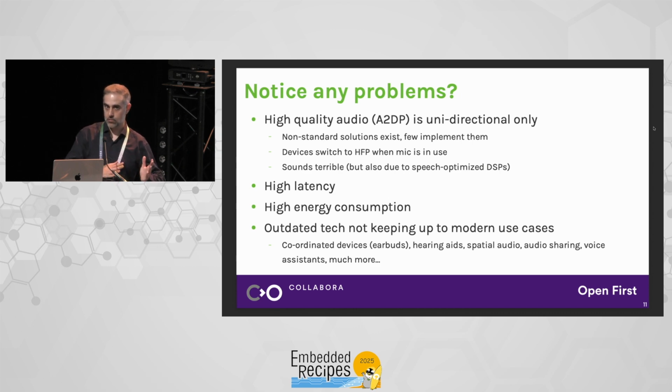One is there is a different codec being used, there is less bandwidth, but also there is the problem that a lot of headsets optimize the audio for speech because they think that if you're using HFP, you're going to do voice call, so they turn on a DSP that optimizes the voice, so it optimizes the audio for voice.